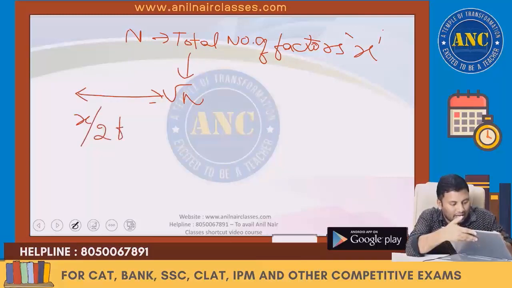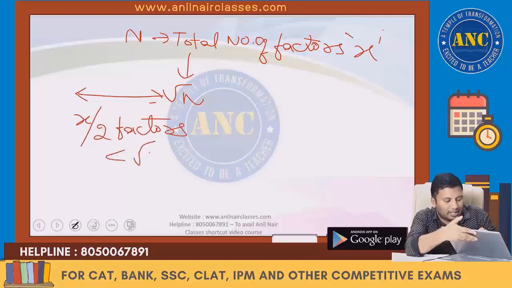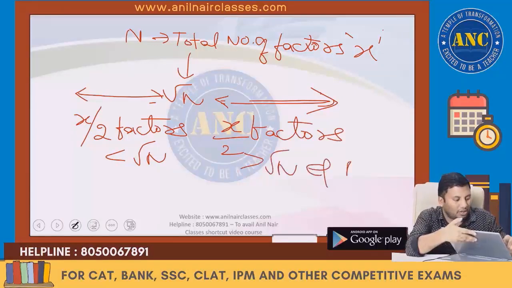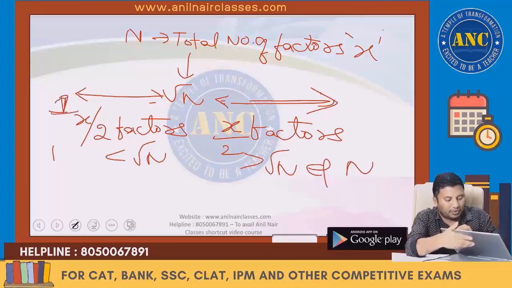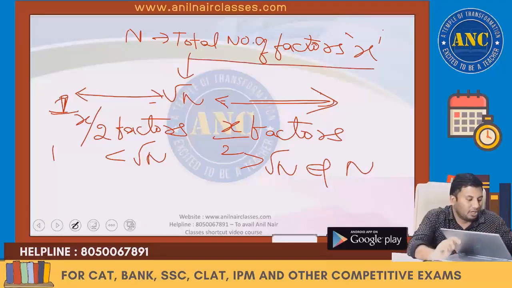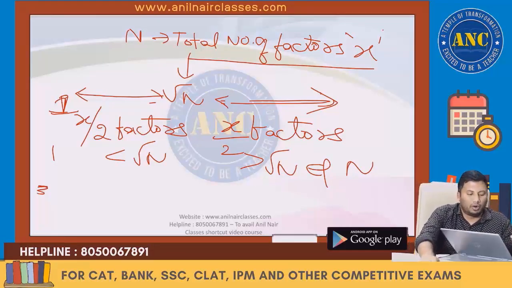There are x by 2 factors less than root n, and there are x by 2 factors greater than root n and less than n. Please write down: between 1 to n, this is from 1 to root n and this is from root n to n. So the total number of factors is x. I hope it is clear.